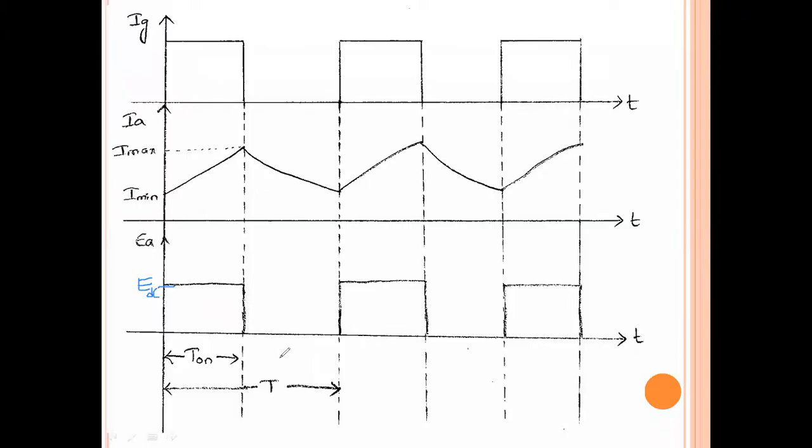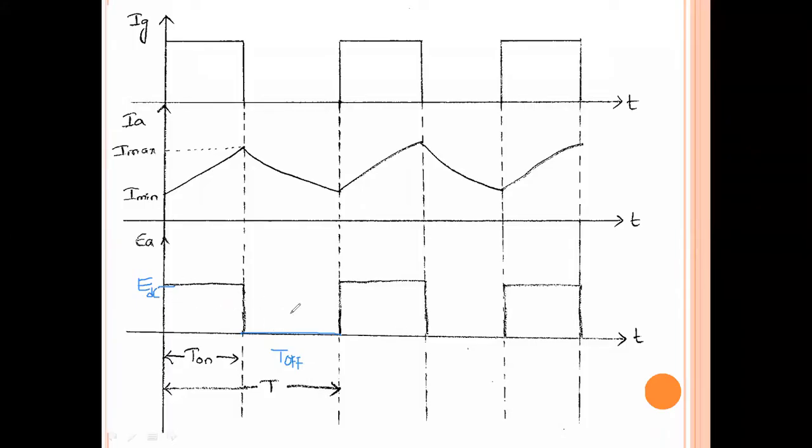When the thyristor is turned off, this is the turn off duration. There is no supply connected to the motor. So during this period, the voltage across the motor terminals will be 0 here.